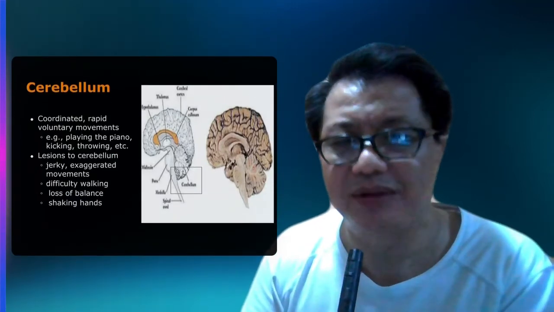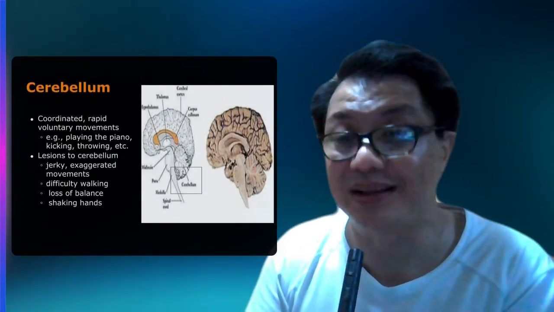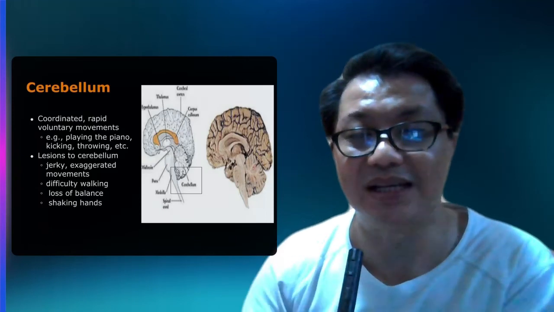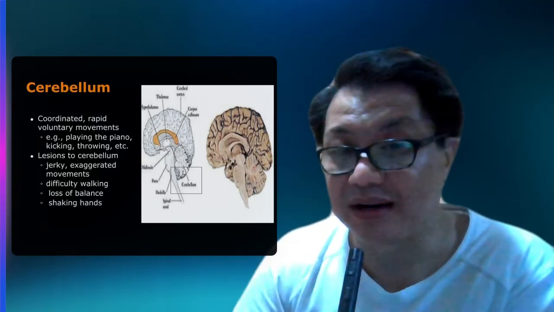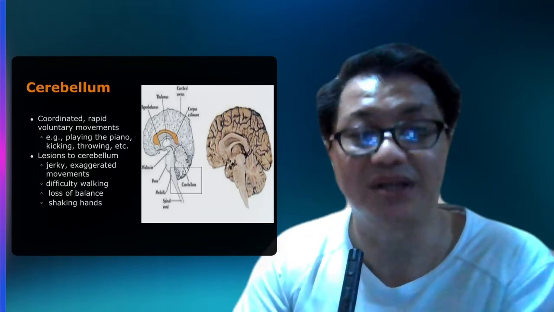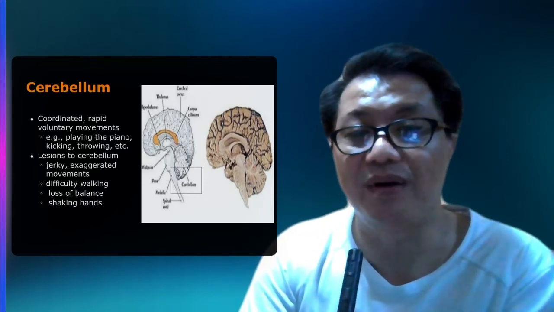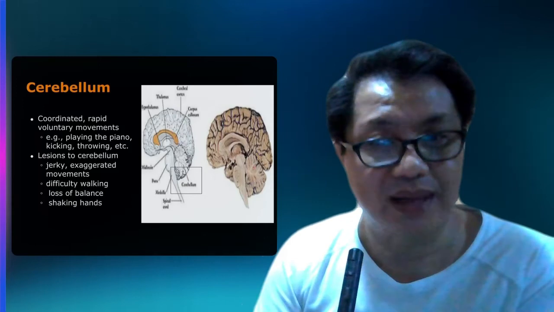Now, the cerebellum is one interesting area, especially regarding what we discussed about neurons and alcohol. The cerebellum is an area that stores memories of coordinated movements.